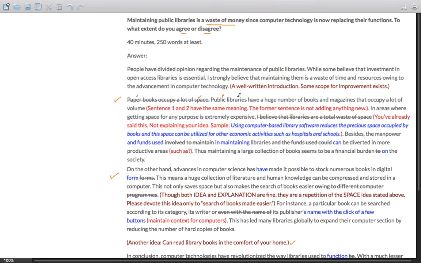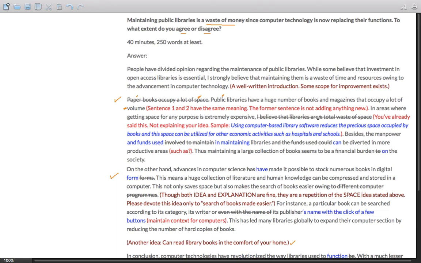So these are two basically the same ideas, and this will reduce the band score since a repetition of ideas is not permissible. Moreover, it is basically a redundant thing. You have already conveyed the idea. Why repeat it? So instead of that, delete the first sentence and maintain the second sentence only.